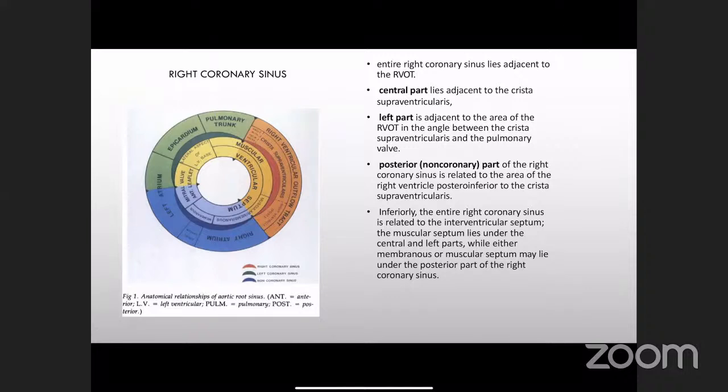The posterior non-coronary part of the right coronary sinus is related to the area of the right ventricle posterior and inferior to the crista supraventricularis. Inferiorly, the entire right coronary sinus is related to the interventricular septum. The muscular septum lies under the central and left parts, while either the membranous or muscular septum may lie under the posterior part of the right coronary sinus.